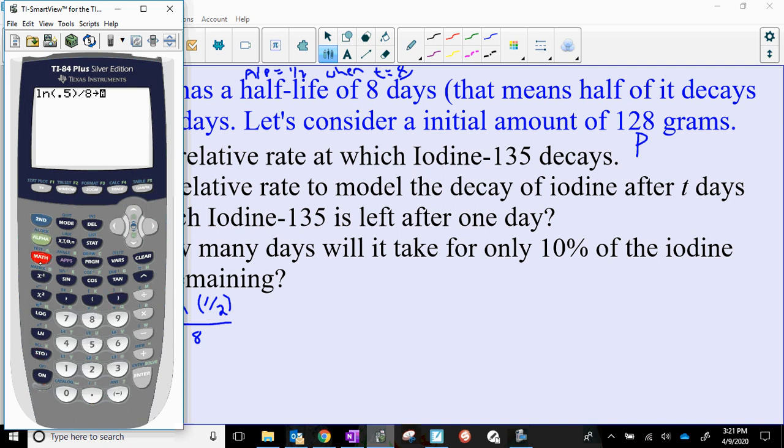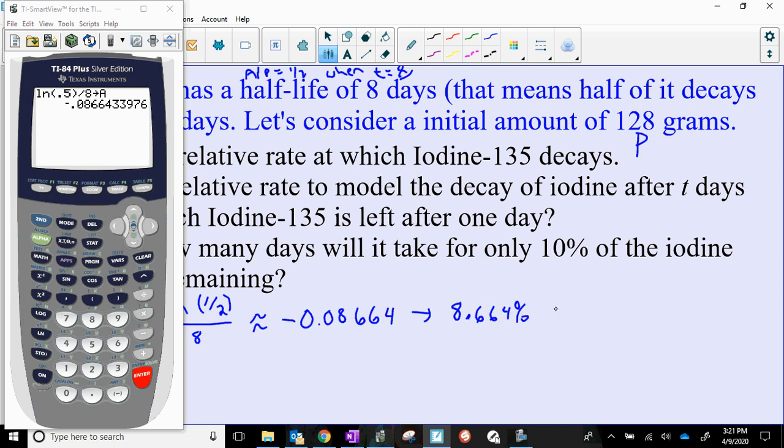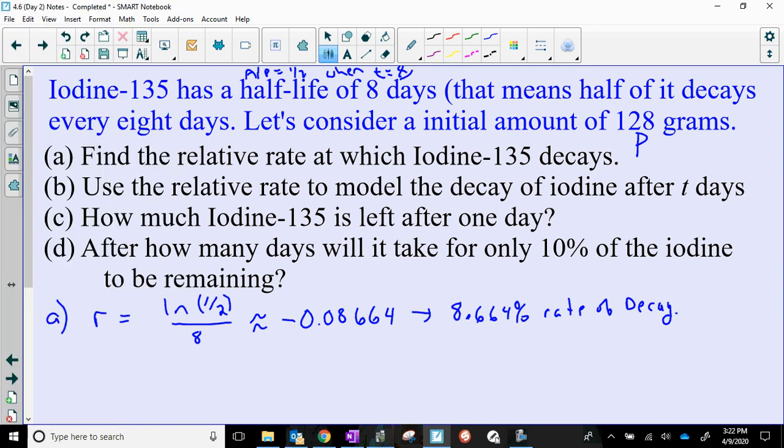If it's not a negative, I've screwed up. There we go. So this is approximately negative 0.08664, which correlates to a decay rate of 8.664%. We just say rate of decay. All right, I'm going to store that for later.